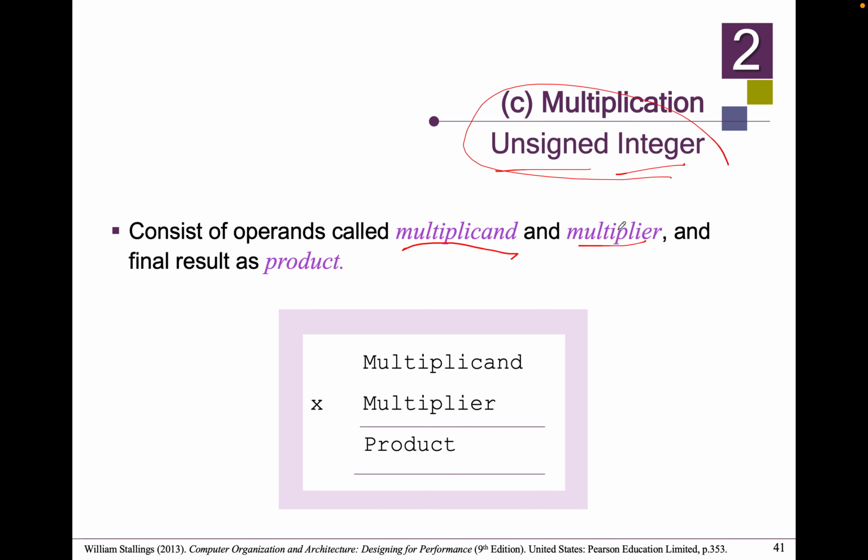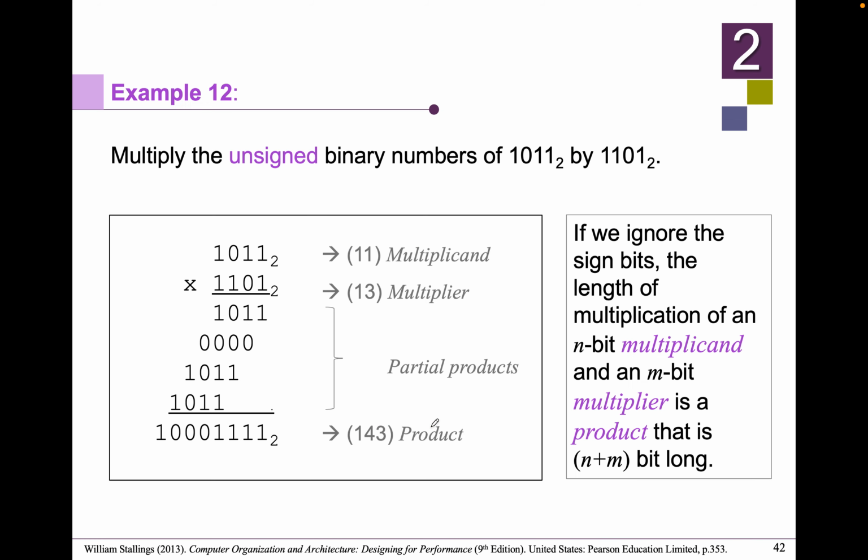So where is the multiplier and where is the multiplicand? You can see this is our multiplicand, which is the number that we want to multiply with the multiplier, and the answer will be a product. Simple, right? So let's say you have this binary number you're going to multiply.